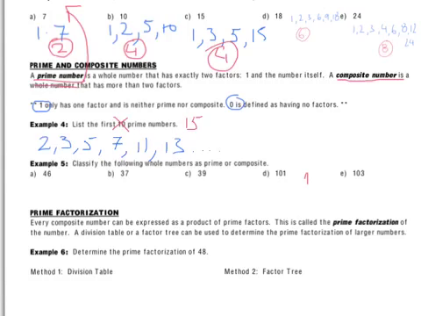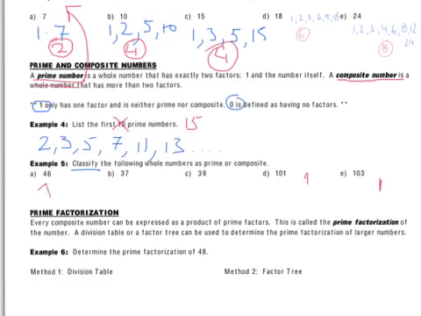Okay, I'm going to move on to the following example number 5. We're going to classify the following whole numbers as prime or composite. Well, 46, I can easily tell it's a composite because it ends with a 6, and 6 is an even number, so 2 obviously goes into it. So I'm going to put a big C here.